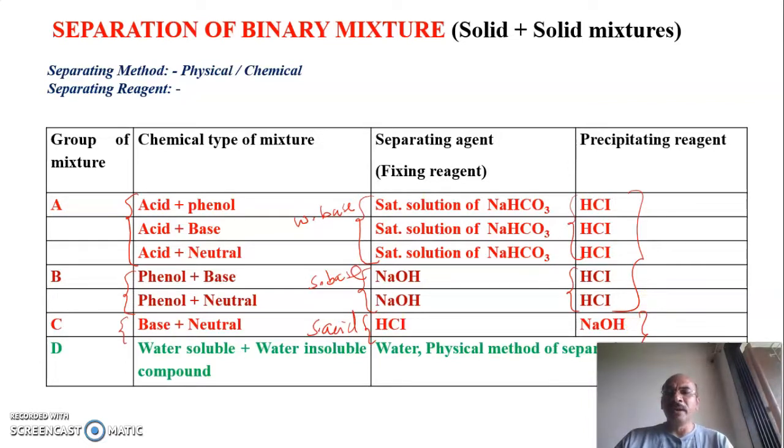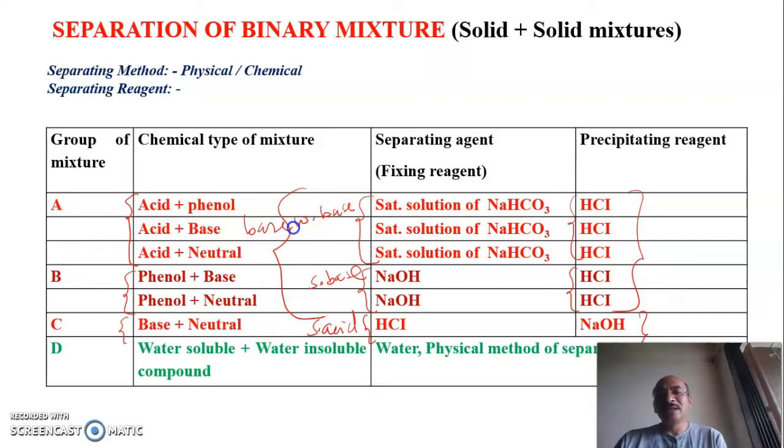Now from this table you try to remember for acid and phenol, we are going to use bases as a separating reagent. And you know acid reacts with base, processes neutralization to form salt and water. And do you remember salts are soluble in water? Okay.